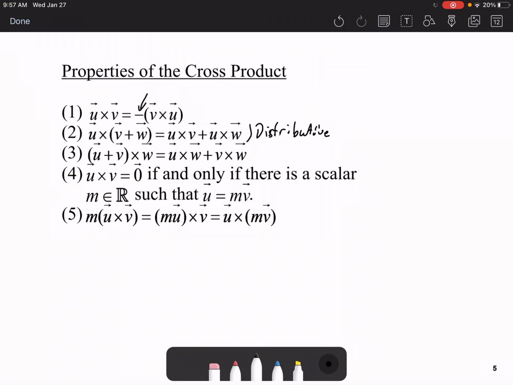U cross v equals 0 if and only if there's a scalar value of m such that u is equal to mv. In other words, u and v are parallel to each other. And if you have some scalar m, u cross v with it, you can rearrange that m into any one of those vectors.